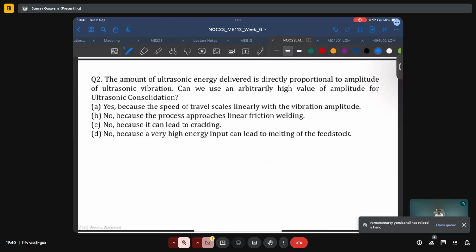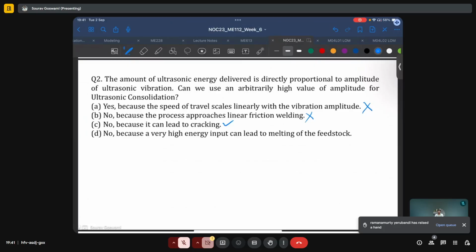First, it is not true that the speed of travel scales linearly with vibration amplitude, and even if it were so, that is not reason enough to increase the amplitude arbitrarily. Second, even if the process approaches linear friction welding, that is not really an issue. However, the use of very high amplitudes can indeed lead to cracking, and thus we should not arbitrarily switch to very high amplitudes.